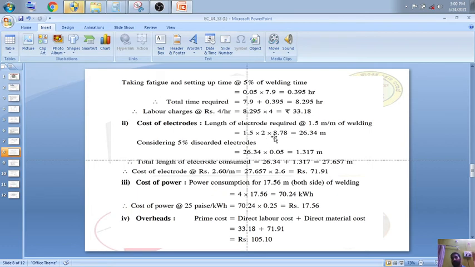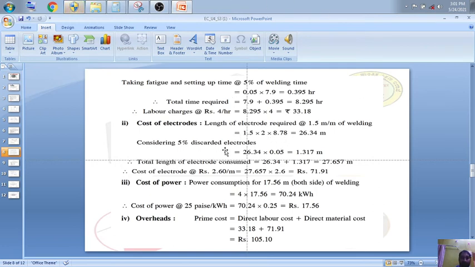So 2 into 8.78 multiplied by 1.5, we require 26.34 meter of electrode. So 26.34 meter of electrode is required for welding both inside and outside.